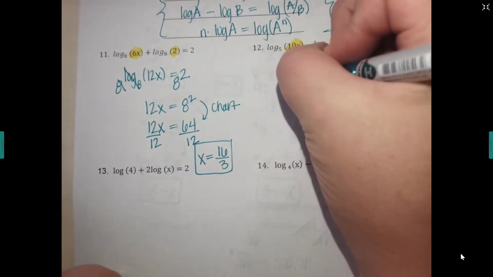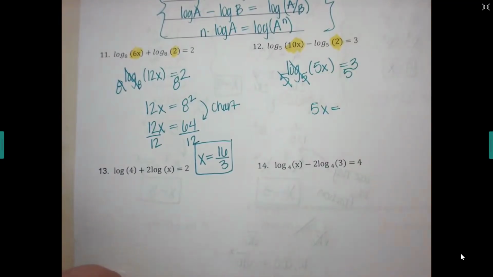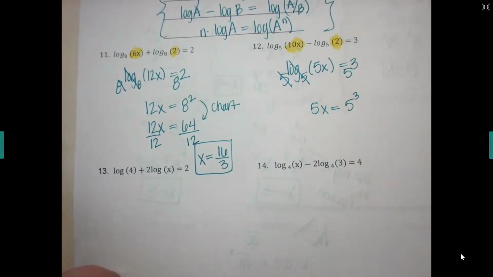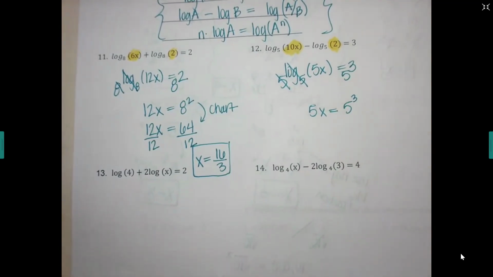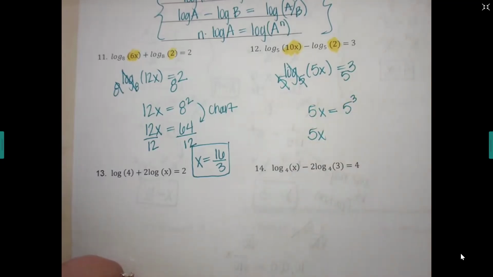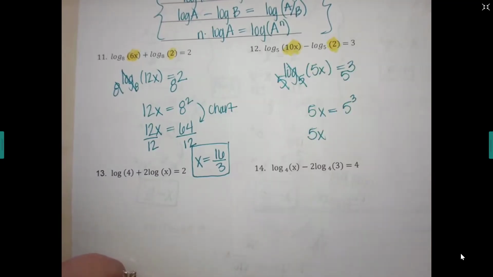So my big 5 and log little 5 cross out. I have 5x equals, and then I really wish my 5 to the 3 was just a regular number, because I have a regular 5x on the left, so I need this to be a regular number as well. So look up in your chart: what is 5 to the 3? 125, very good.